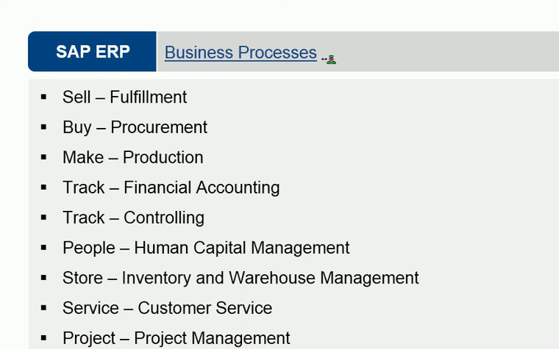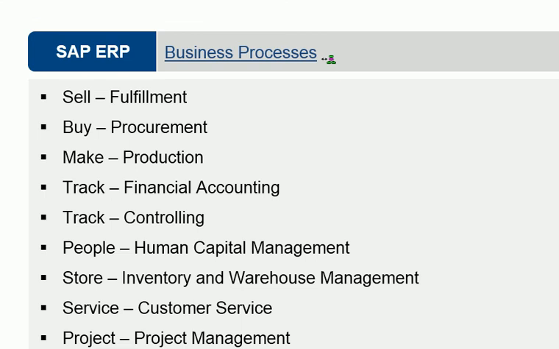We will look at human capital management, creating an organizational structure, defining the supervisor of every department, the chief of every department, and the employees that are under him or her and how they report to him.